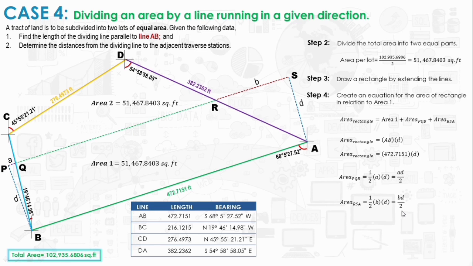So, kung mapapansin natin, yung area ni rectangle, area ni PQB at area ni RSA, meron silang common factor. Ano ba yung common factor nila? They are in terms of distance D, di ba?